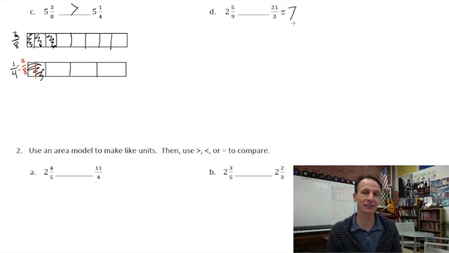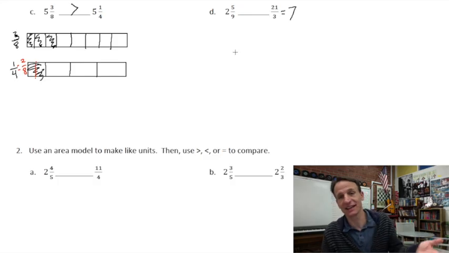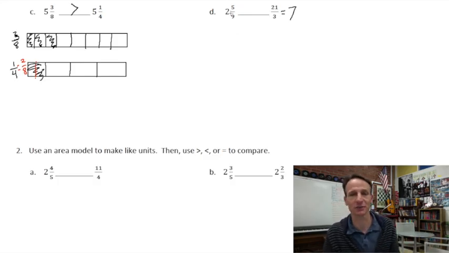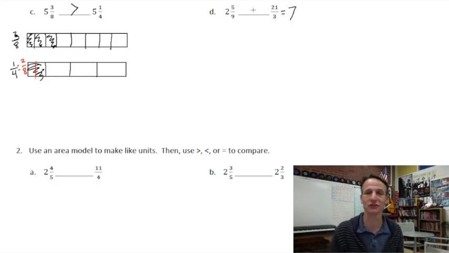So now, I know they're telling us to draw a tape diagram, but I don't know. Gosh, I'm a teacher and I'm saying to you, hey, it's kind of pointless to draw a tape diagram here to compare 2 and a fraction to 7. Like, we know that 2 and 5/9 is less than 7.